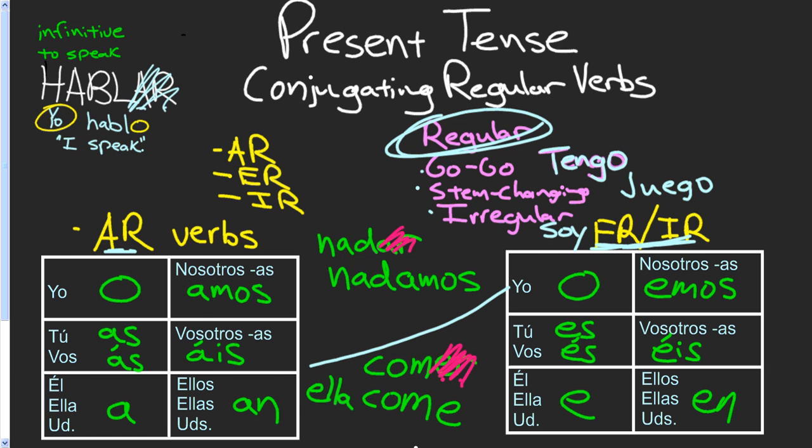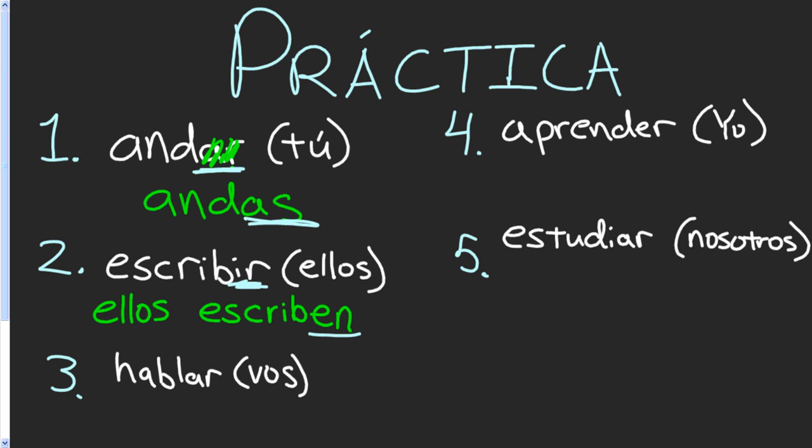We have to look over in our ER, IR charts to then find our ending. Ellos escriben, they write. Vos hablás, with the accent. You, very familiar, speak. Vos hablás.